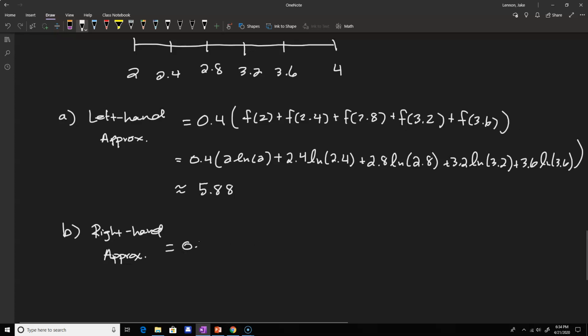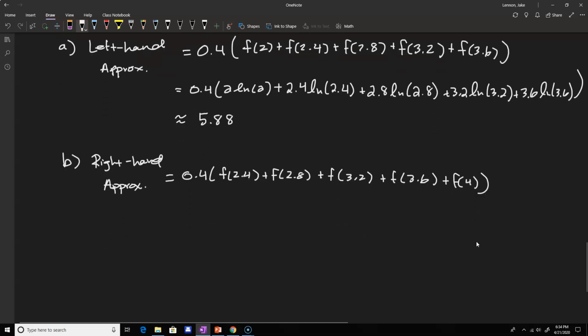So instead now, my first thing inside the parentheses will be f of 2.4, and I will go all the way up until I reach 4 this time. So plus f of 3.6 plus f of 4, and then I'm done. And then again, I translate that into whatever function I'm using, in this case, x natural log of x.